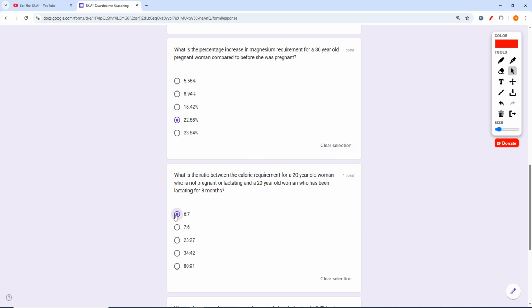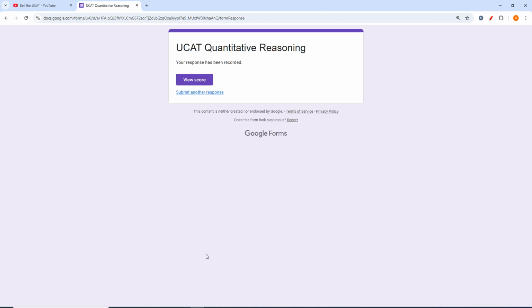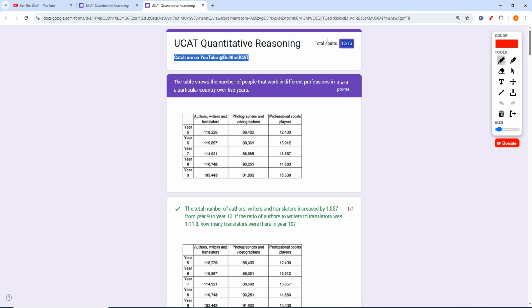That's it, guys. That's the end of it. So let's see how many of them we got right. View score. Right, okay. Ooh, got 1 wrong. How can we get 1 wrong? So that was our score, which is altogether 12 out of 13.